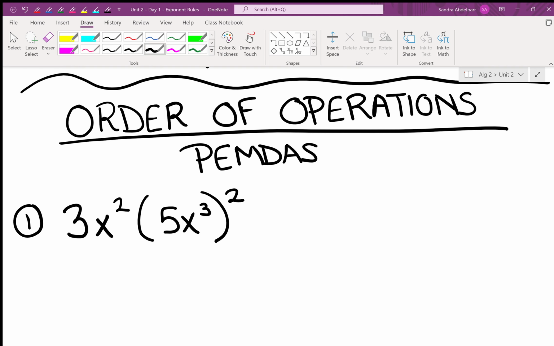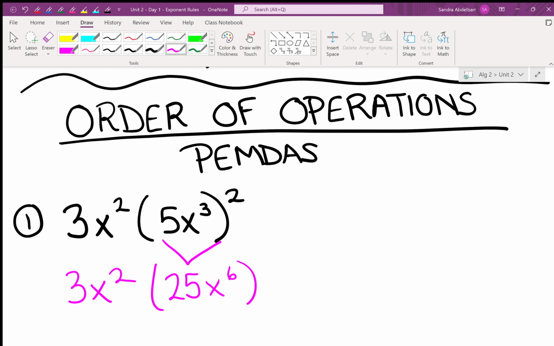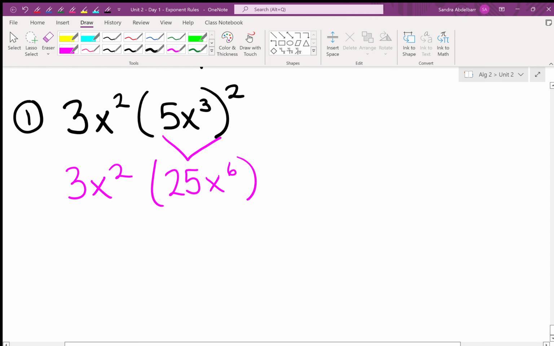So I have 5x to the third raised to the second power. So when we raise that to the second power, we are going to get 25x to the sixth power. Now that we've taken care of the exponent, can I now multiply these two? Yeah, so 3x to the second times 25x to the sixth.